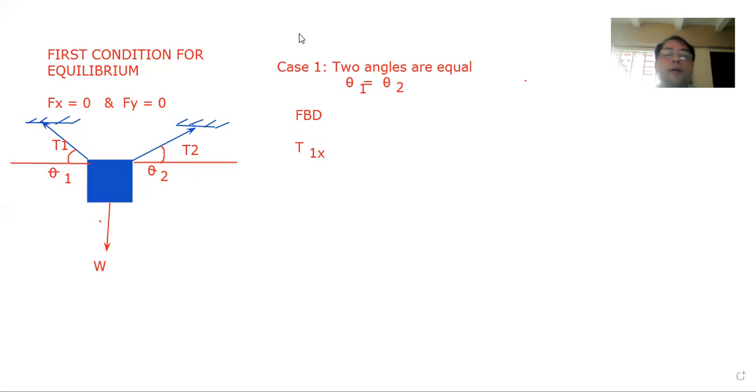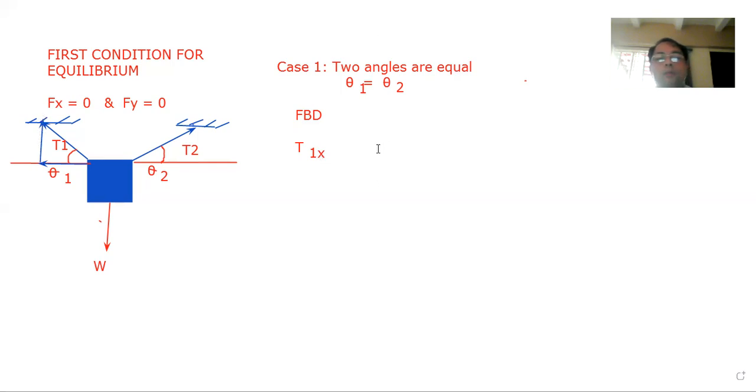The horizontal component of tension 1 is due to the angle formed by tension 1, and that will be along the horizontal line. This is T1x, the horizontal component of T1. Now, if it has a horizontal component, then it also has a vertical component, which we call T1y.